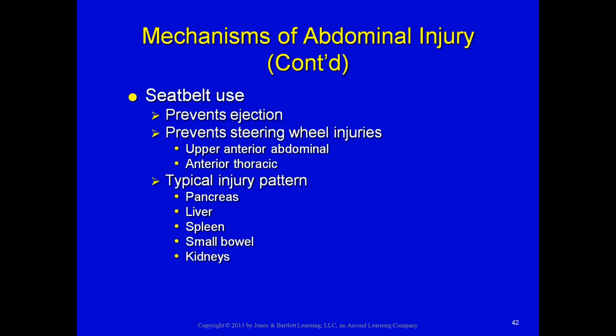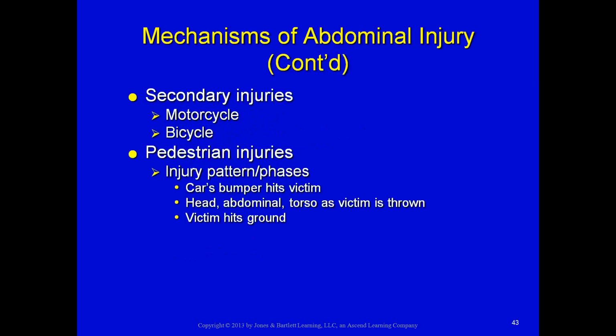So the typical injury pattern is, your solid organs like your pancreas, your liver, your spleen, being compressed and rupturing, small bowel being ruptured as well. Kidneys, if the seatbelt compresses clear against the spinal cord, it can also affect the kidneys.